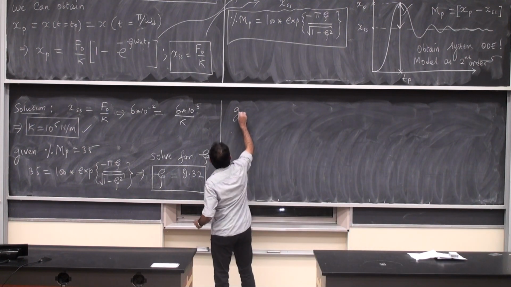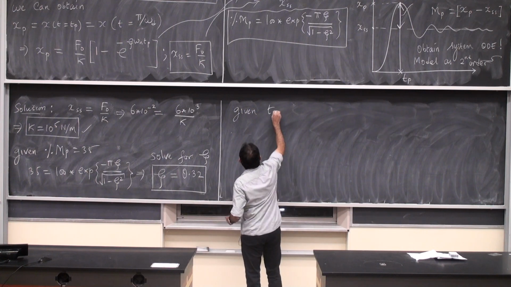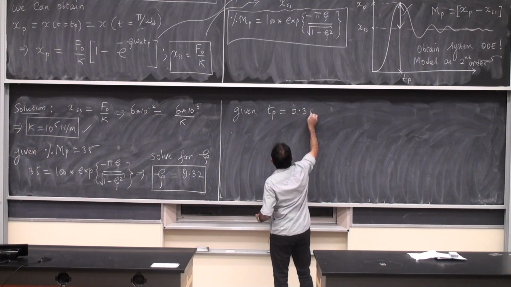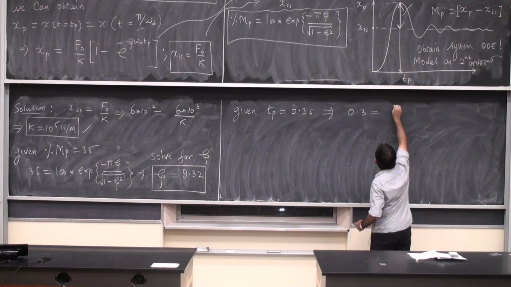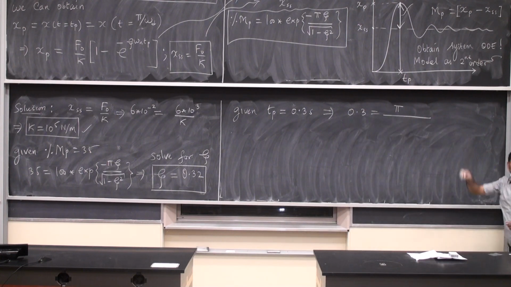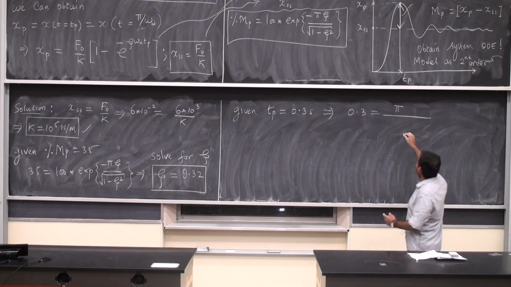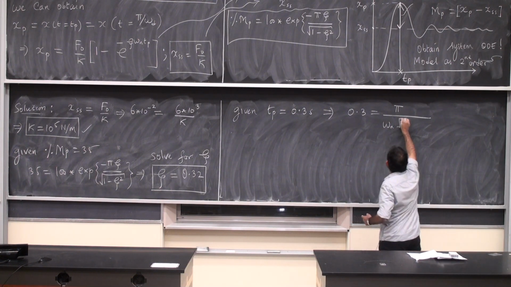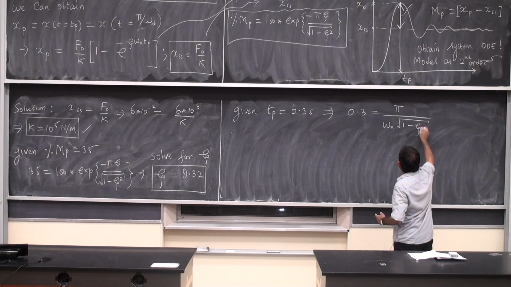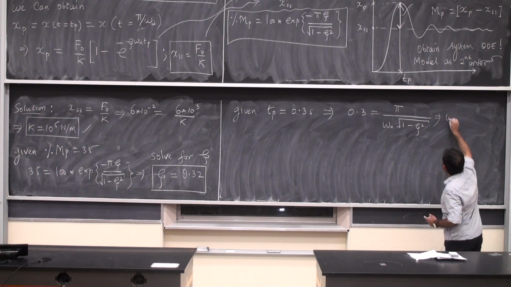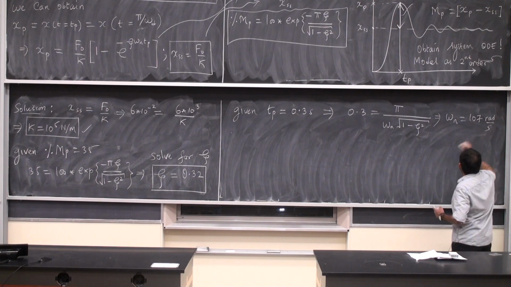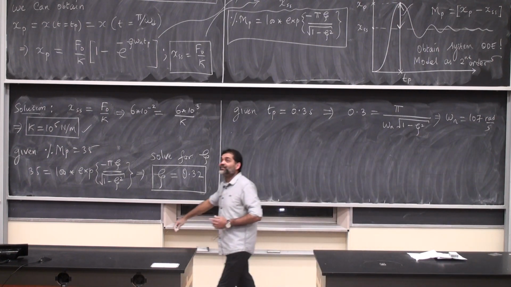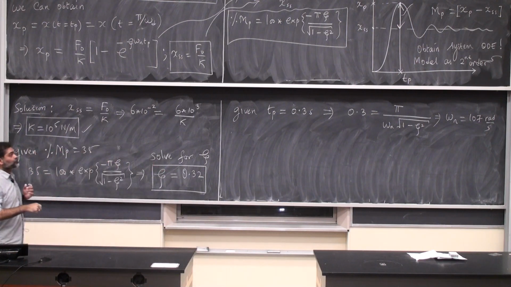So we are given the peak time as 0.3 seconds. This peak time is pi by omega_d. Look at the first big box. So this is omega_n times square root of 1 minus zeta squared. Solve. Omega_n, you get it in radians per second.